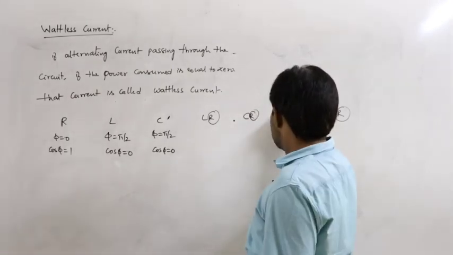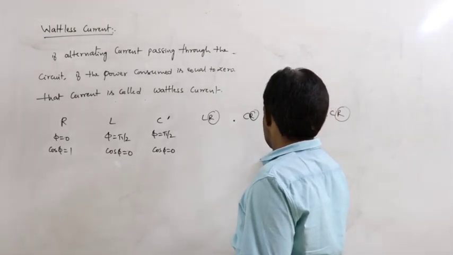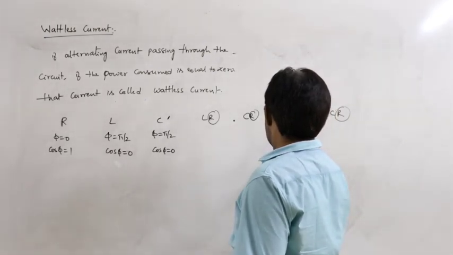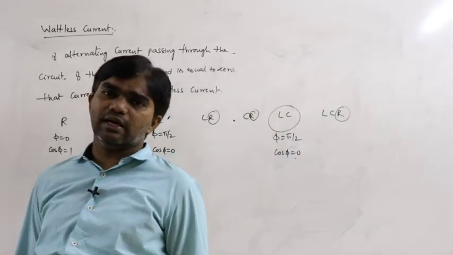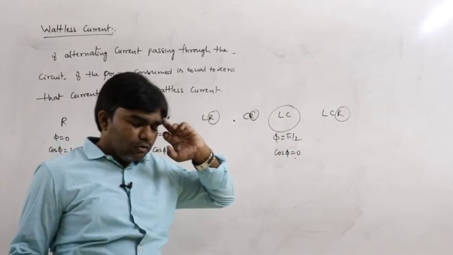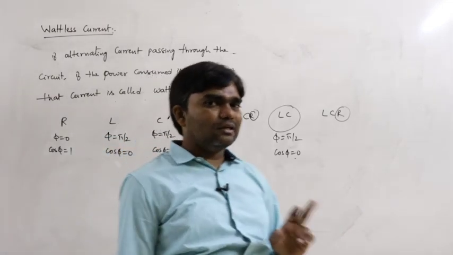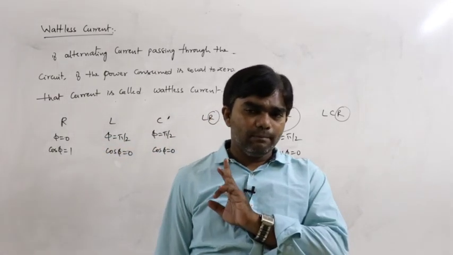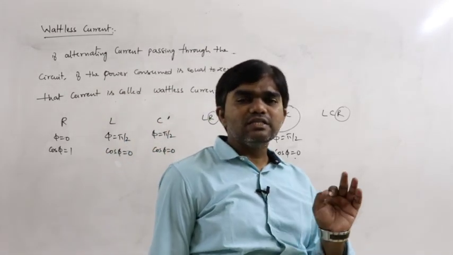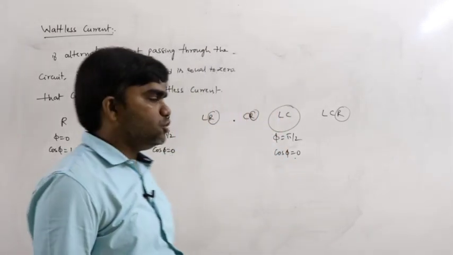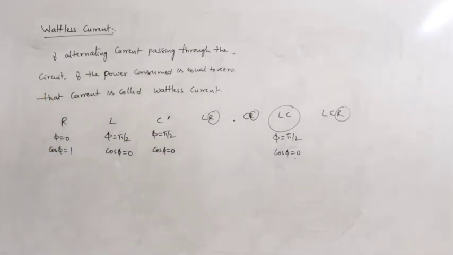In LC circuit, again phi is equal to pi by 2, cos phi is equal to 0. In this situation also, the current is called wattless current. So blindly you have to remember, if the resistance is present in the circuit, the current can never be wattless current. Definitely a certain amount of power must be consumed. So this is the wattless current.